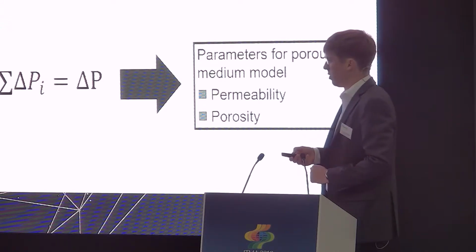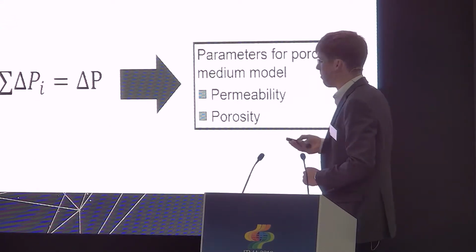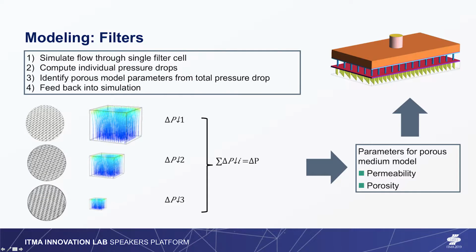We use this to identify parameters for our filter model, like permeability and porosity, and then feed this back into the whole simulation in order to get the correct pressure drops.